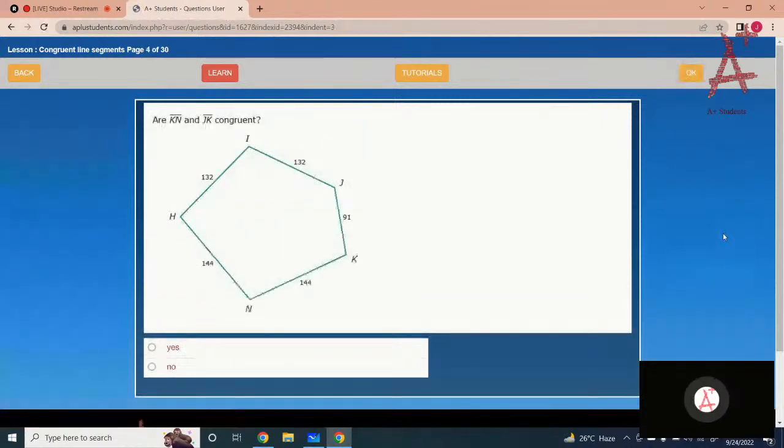Okay, the next one is, are KN and JK congruent? KN is 144 and JK is 91. So both of them have different side lengths. One of them is 144 and one of them is 91. So the answer is a big no. Got it?